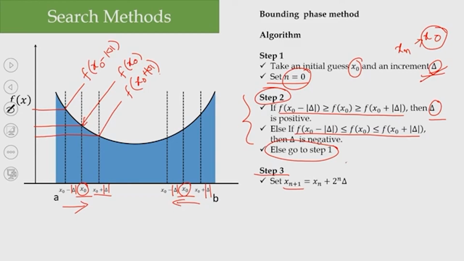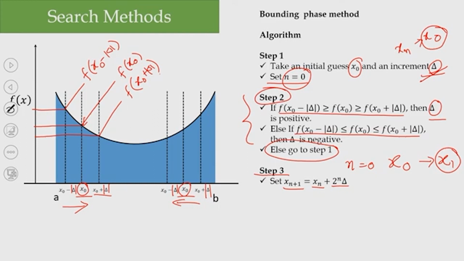Now, in step 3 what you are doing is finding the next point. Initially n equal to 0, that is my x naught. Now you are finding n plus 1, that means I would like to find out x1. So, x1 equals x naught plus 2 to the power n into delta.